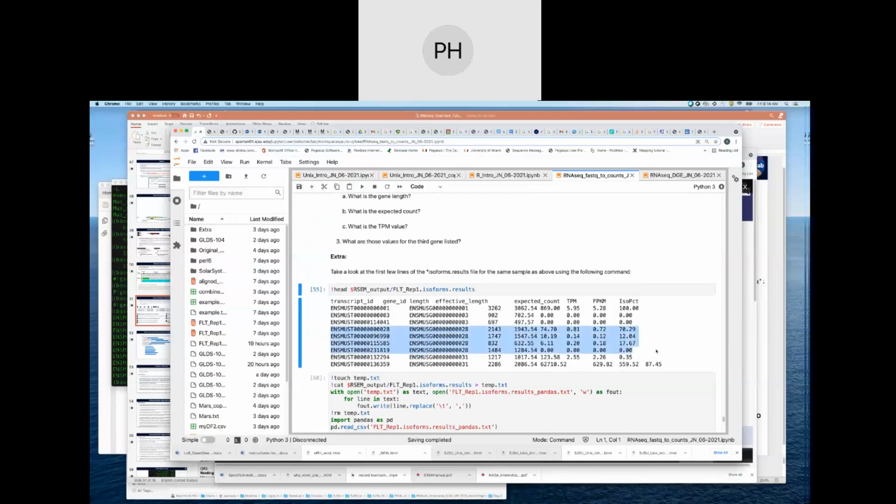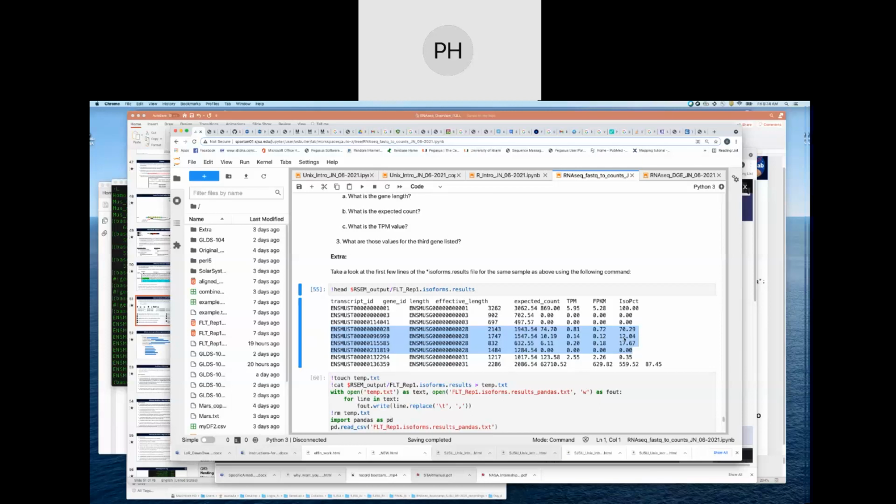What I highlighted are the 4 transcripts for that gene that ends in 28. And all the way on the right here, it gives you a percentage of the expression of each one of those isoforms based on the information you provided in the BAM file.